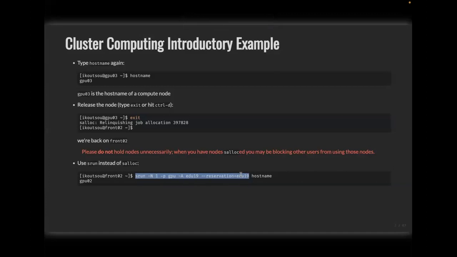We did salloc, we were dropped on the node, we typed hostname, it gave us the hostname, and then we hit Control D and exited, right? This command does those 3 steps in one go, okay? So it allocates the node, it runs hostname, and as soon as hostname finishes, it drops you out of it, exits the node, okay? So let's see what this does.